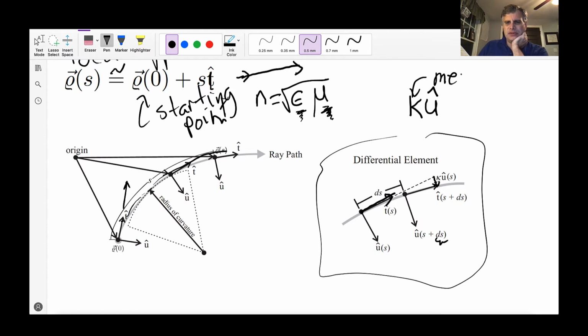So you can think of this as a measure of curvature. The bigger the kappa, the curvier the ray path gets.